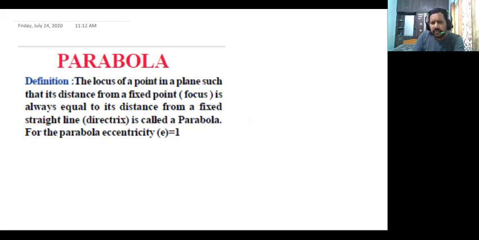See here carefully. This is the fixed straight line, and this line is passing through the fixed point S. And what is the locus? Draw one more line. This is the fixed straight line.